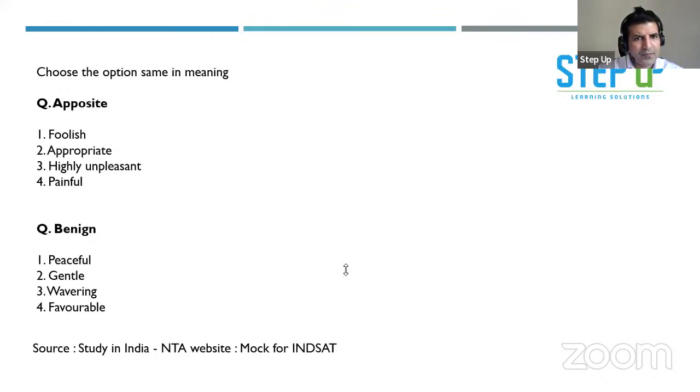Now benign, what does that mean? Yeah. Option 3. Benign is good. So what happens is some words come from a particular root. From that same root, there can be many words. For example, benign means good, like ben, born.